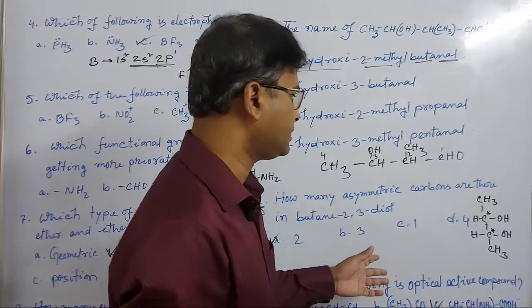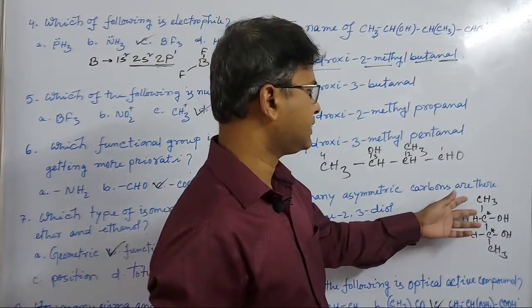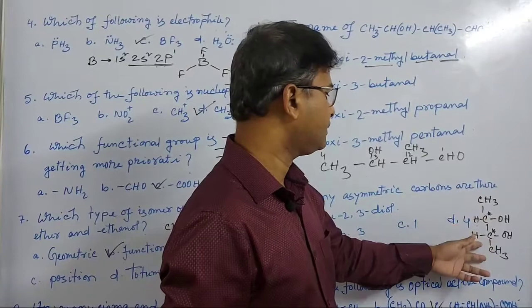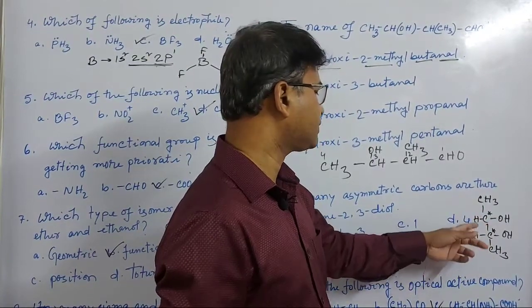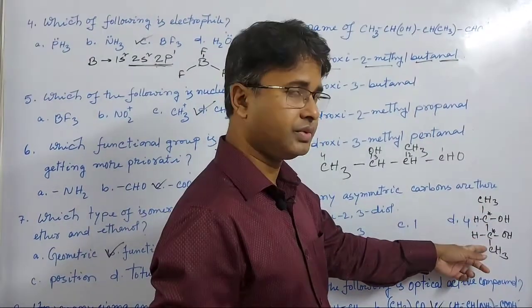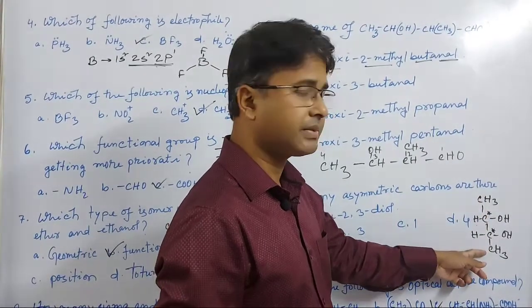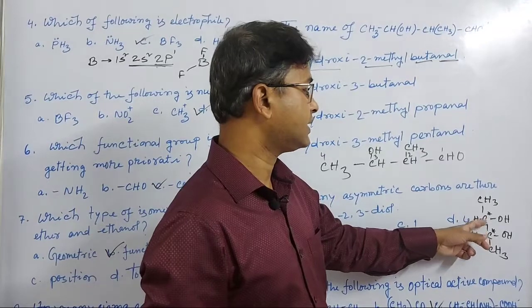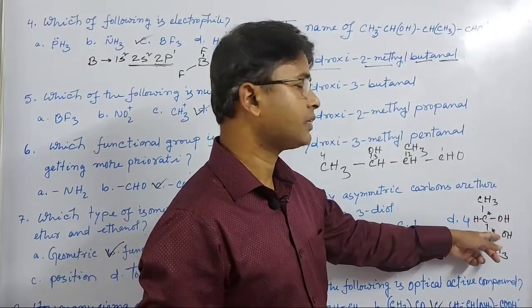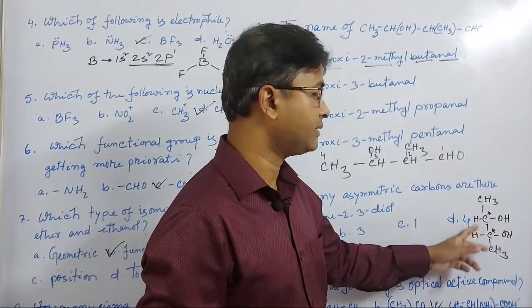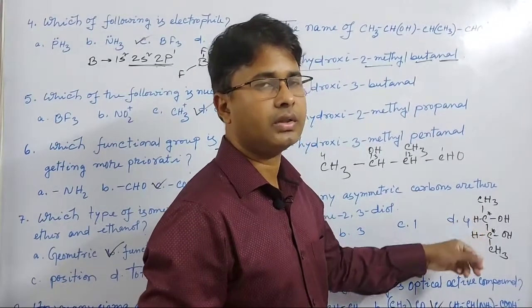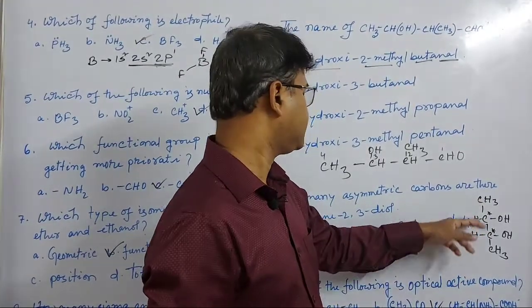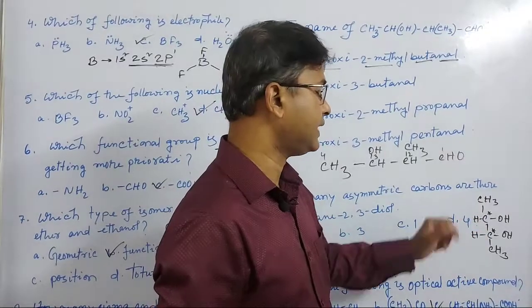Look at the whiteboard. Here I have written the formula of butane 2,3-diol: 1, 2, 3, 4 but. As there is a carbon-carbon single bond, it is butane, and as there are 2 alcoholic groups at the 2, 3 carbon atoms, that's why it is 2,3-diol. So the name of this compound is butane 2,3-diol.